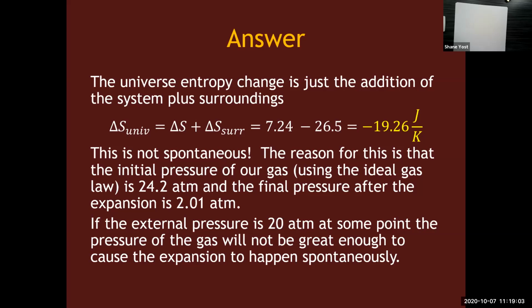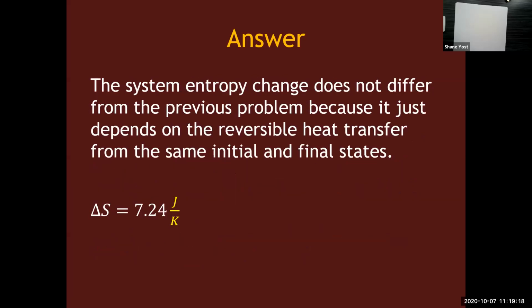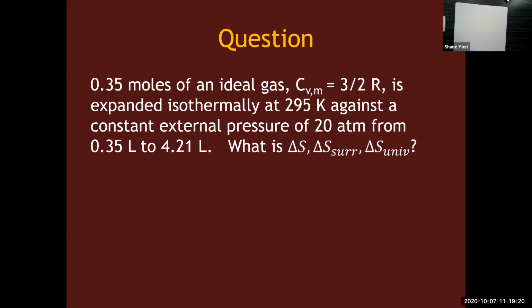Questions about this? And so, as a note right here, even though the change in my system is the exact same for the 2 questions here, the change in the surroundings is not.